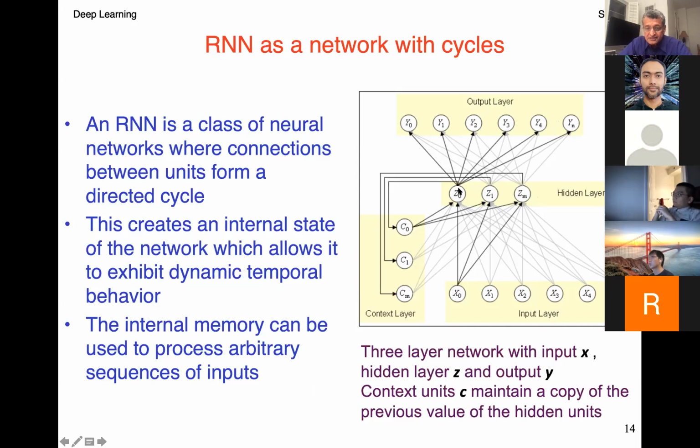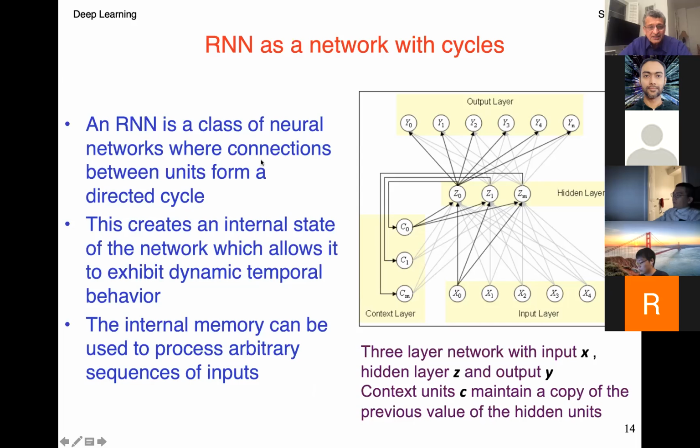The z's in turn allow us to compute these context values, and those context values go back to the z's. So the z's now become a function of the x's and the context. This is more like the hidden values being used again. We can think of the context as just the previous values, or also think of a separate context vector.